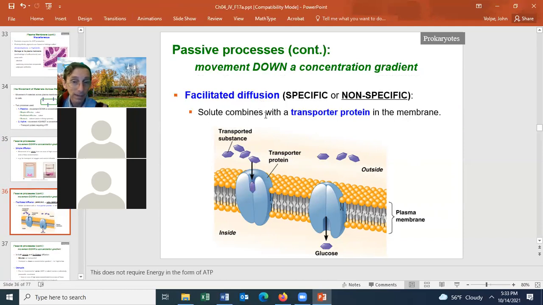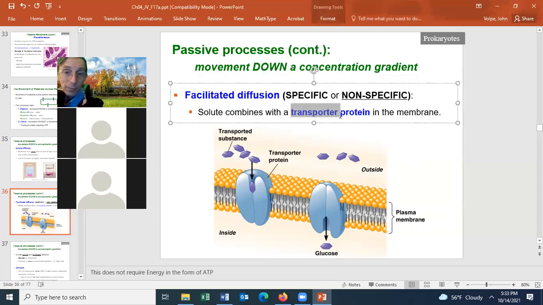It's facilitated because we have a protein facilitating the movement of that molecule. I will call it a channel protein. This slide also calls it a transporter protein. Don't get it confused with a transport protein because that term is used with active transport.